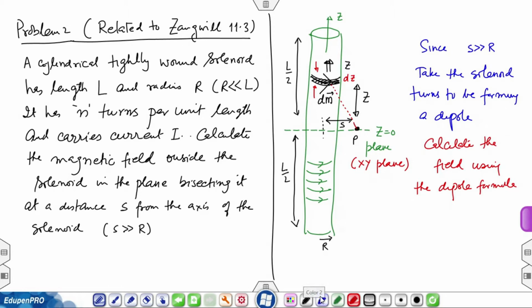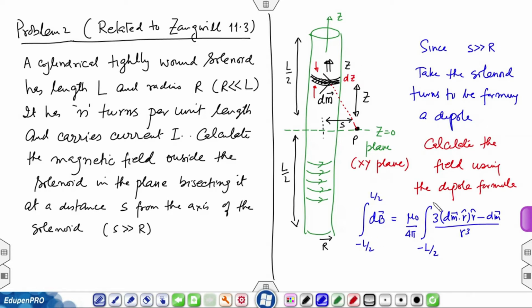What I am doing is I am calculating dB due to this dipole, which is going to be mu 0 over 4 pi times (3 dm dot r unit vector, r unit vector, minus dm) over r cubed, where r is the distance from this dipole to the point P, and to calculate B I will integrate this from minus L by 2 to L by 2.